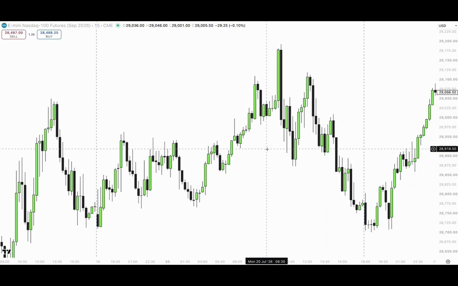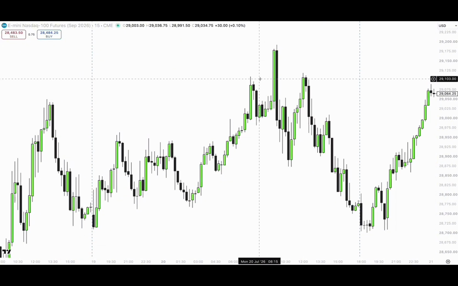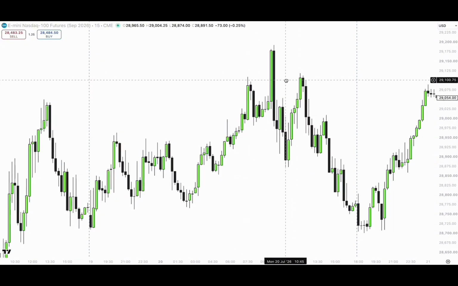One thing that is very, very beneficial is when we first see a manipulation to the upside above the previous price action that we had before we opened up, for us to take shorts.